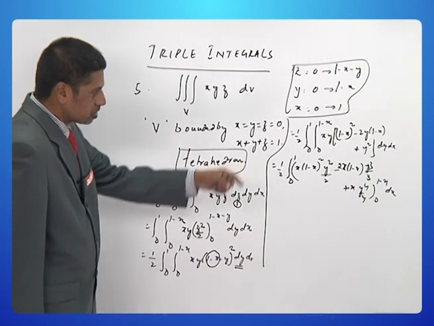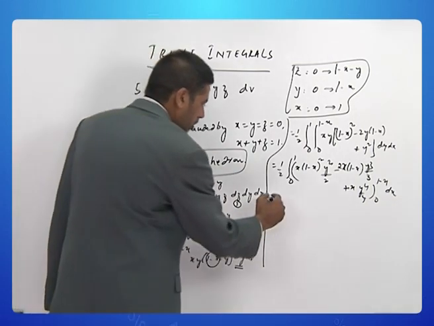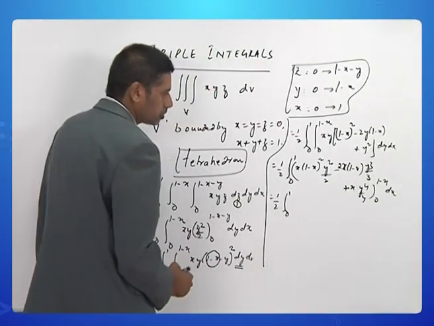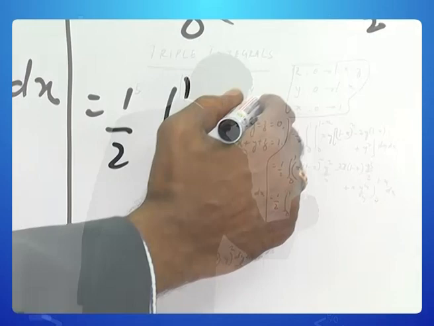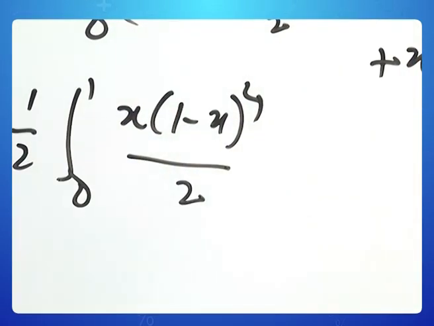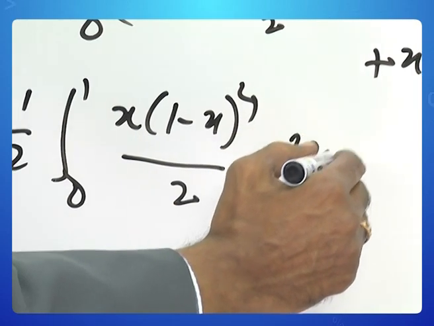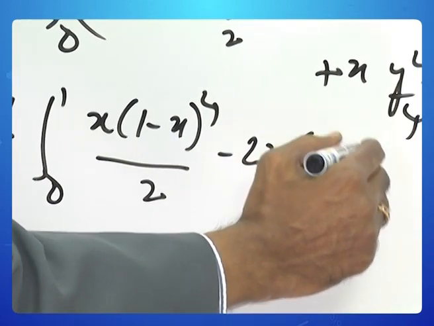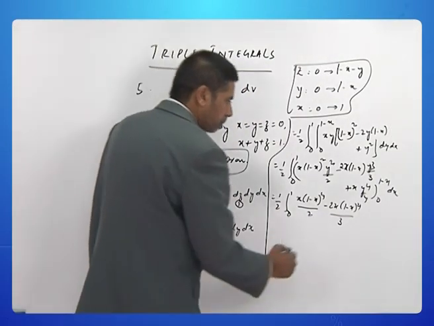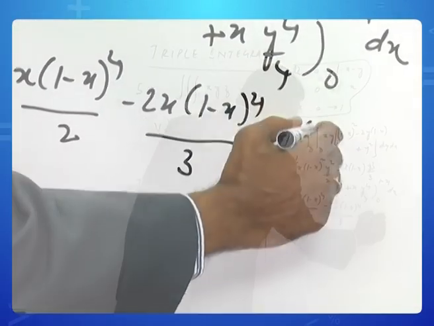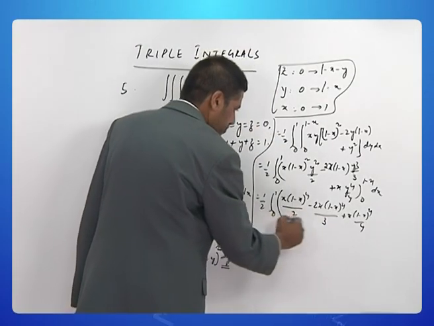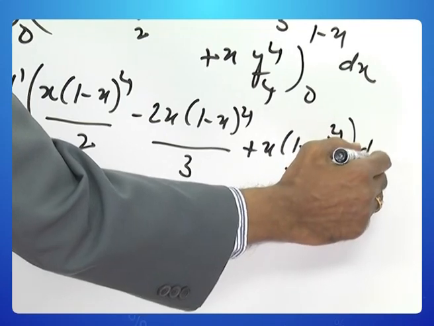So when you apply the limits of integration for y, you will get half integral 0 to 1 of x into 1 minus x whole to the power of 4 by 2, minus 2x into 1 minus x whole to the power of 4 by 3, plus x into 1 minus x to the power of 4 by 4, dx.